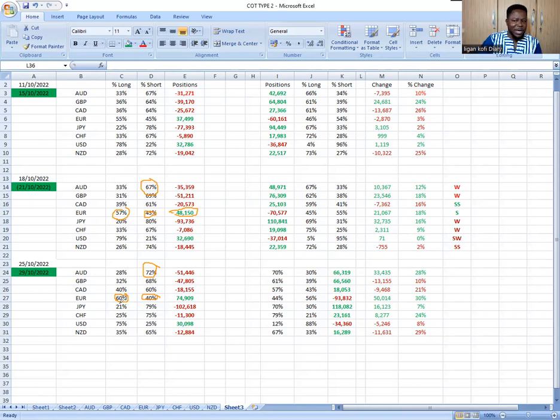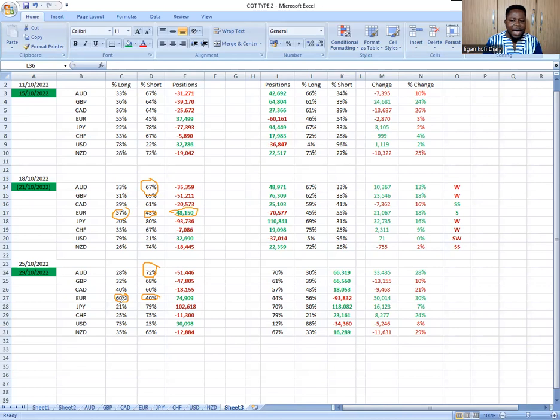Which currency is bullish? Euro has been bullish for 57%, and it has increased from 57% to 60. So it means we can trade Euro AUD as a buy. Why? Because Euro is strong and AUD is weak. Being bearish means weak and being bullish means strong. So if we are comparing Euro and AUD, it means we are seeing more weakness for AUD because more sellers have come into the market, and buyers have also come into the market for Euro, which means more strength. So Euro is gaining more strength, and AUD is reducing its strength to more weakness.